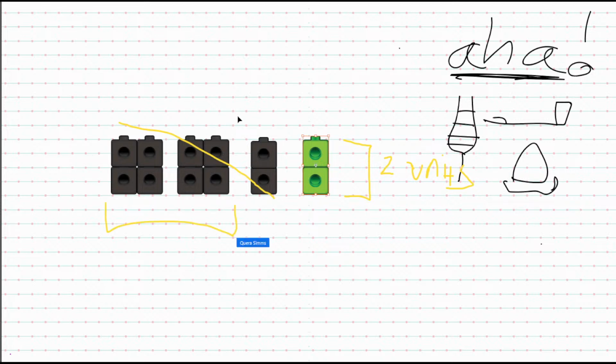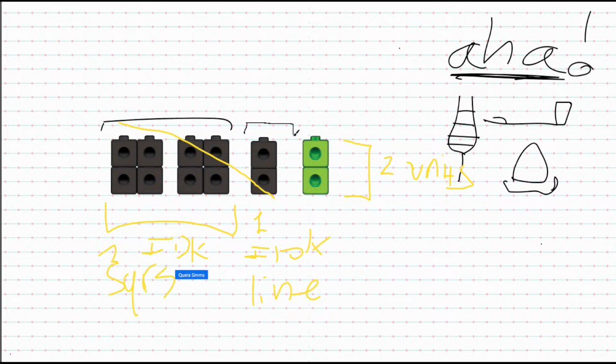So in this case, we have 2 I don't know squares, and then we have 1 I don't know line and 2 units. So we got two I don't know squares, one I don't know line, and 2 units. Yes. 2 positive units. Excellent. I think we got that figured out. We do. I feel real good about that.